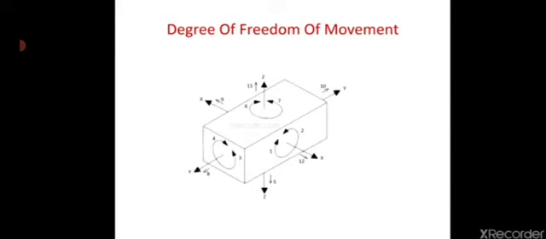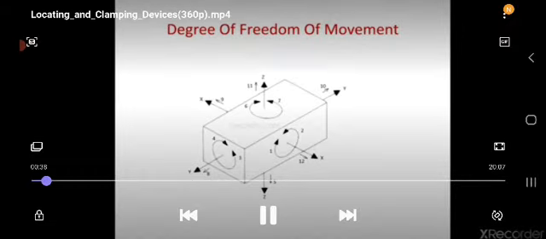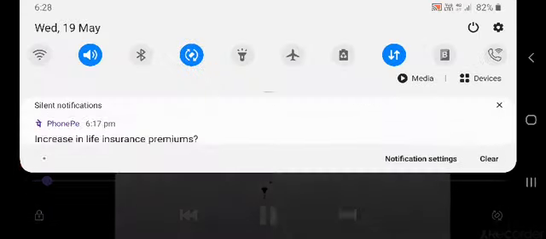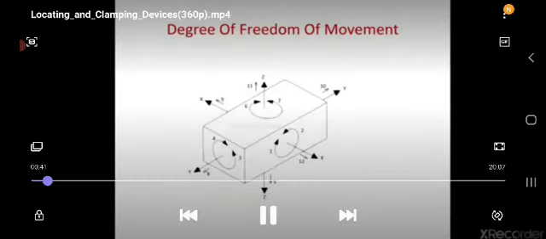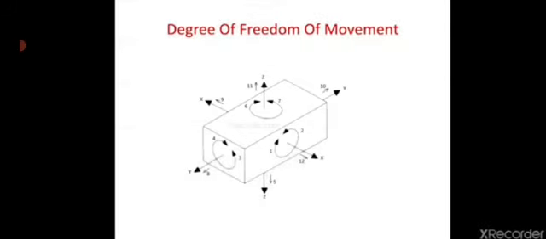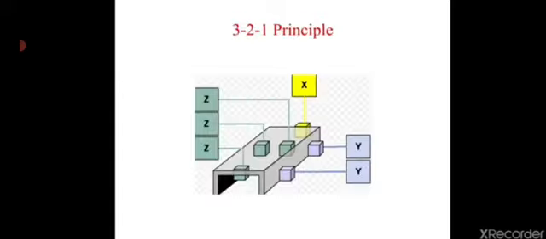Also, the workpiece rotates in either of two opposite directions around each axis, clockwise and anti-clockwise. These six movements are called rotational movements. The sum of these two types of movement gives the 12 degrees of freedom of a workpiece in space.